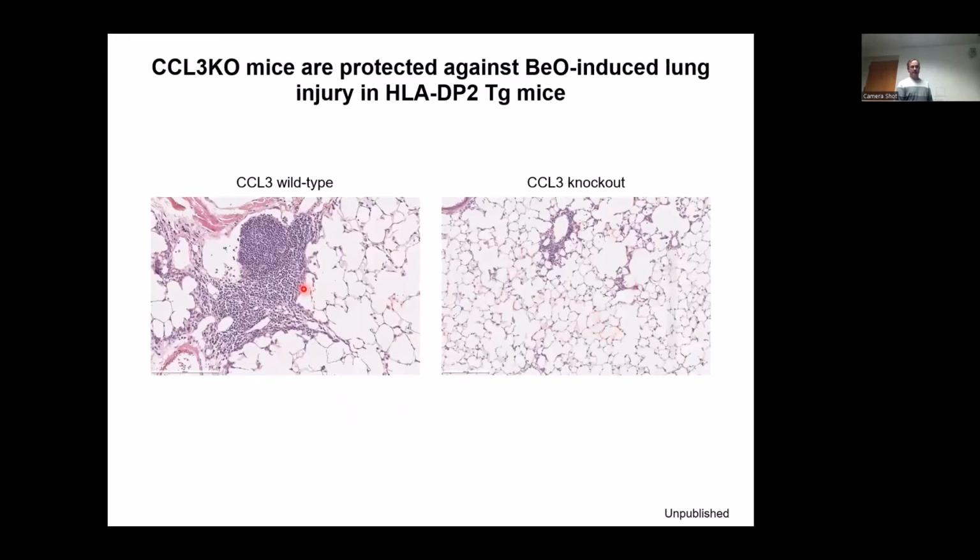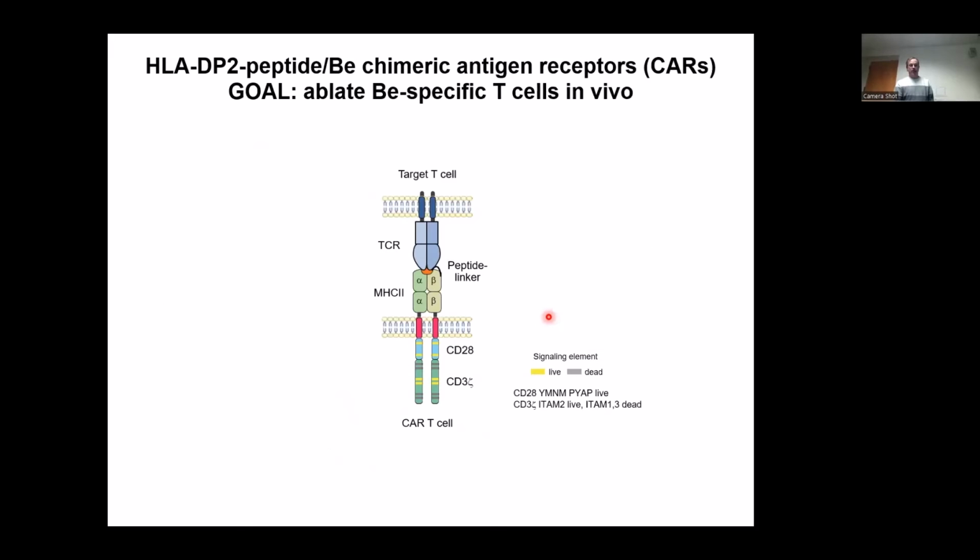So here you see in a normal DP2 transgenic, the aggregates of cells in the lung, and here they go away. So the last slide I'll show is that maybe we can target those cells. In this case, what we have made is a CAR T cell that expresses this DP2 molecule with the peptide and beryllium.